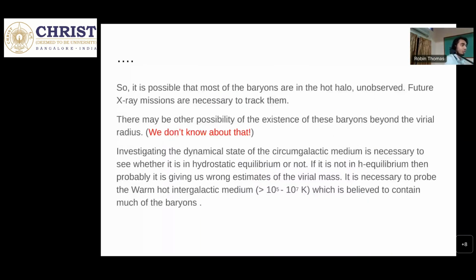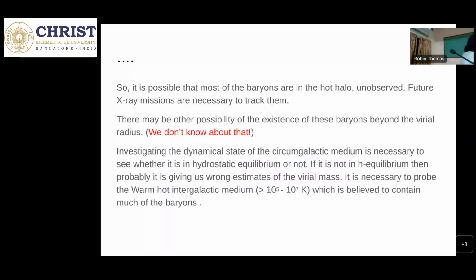In today's world, most of the baryons are found in the intergalactic medium, I think 40% of the total baryons of the universe. So we need to find whether we can accommodate for that. Also, how do these baryons go out of the galactic potential well into the intergalactic medium? That may be an interesting question to answer.